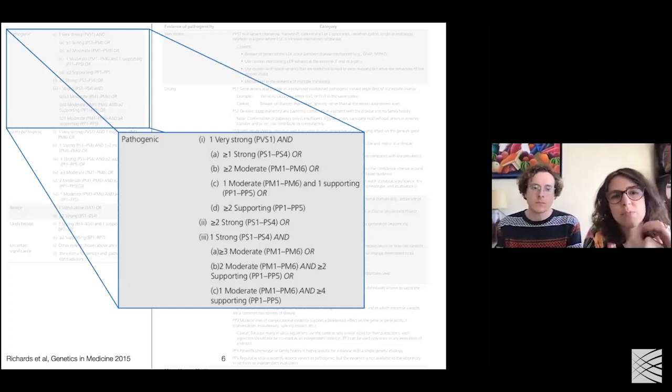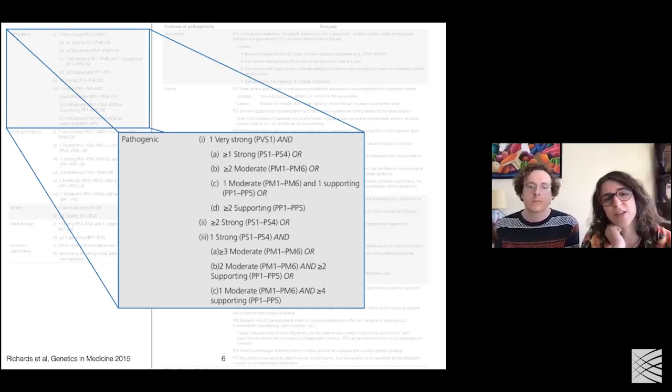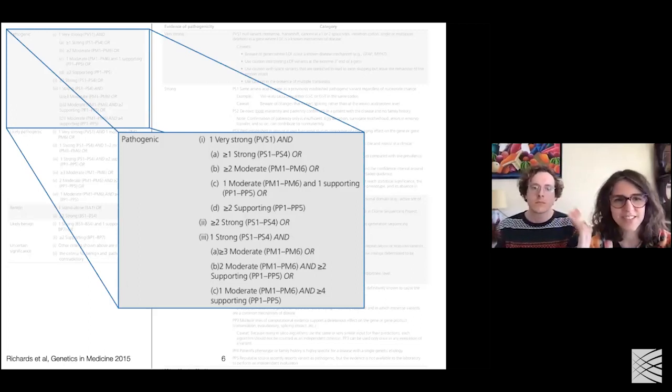The ACMG criteria aims at providing guidelines to classify a variant as pathogenic, likely pathogenic, benign, likely benign, or just uncertain significance because we don't know. To classify something as pathogenic, you need to combine a very strong source of evidence with a strong source of evidence, or a very strong source of evidence with two moderate sources of evidence, etc. You can see the gist of it.